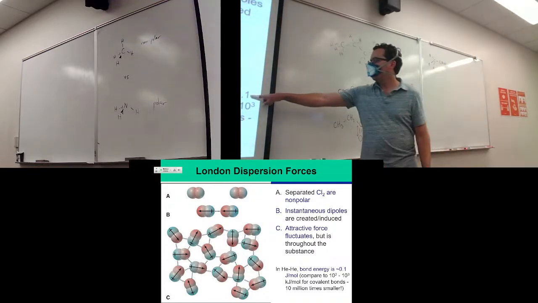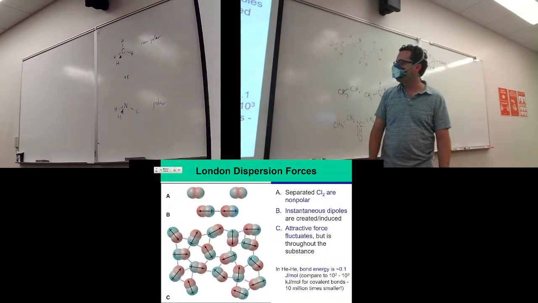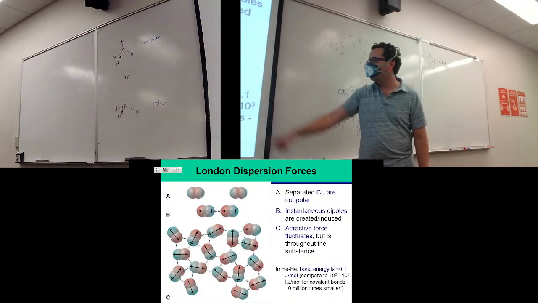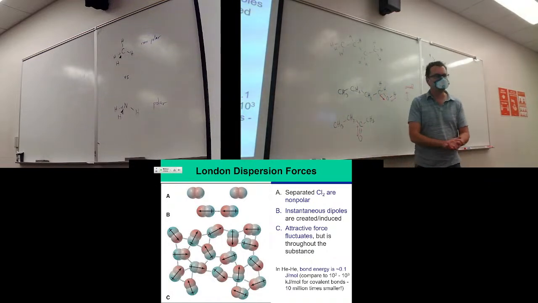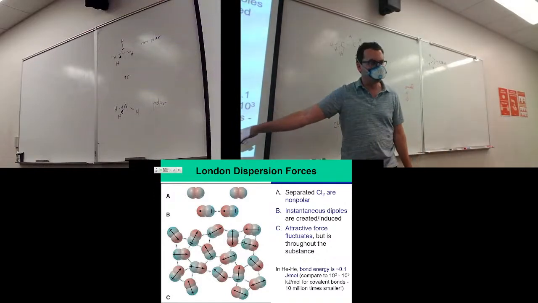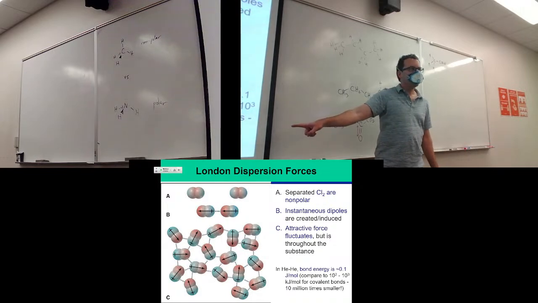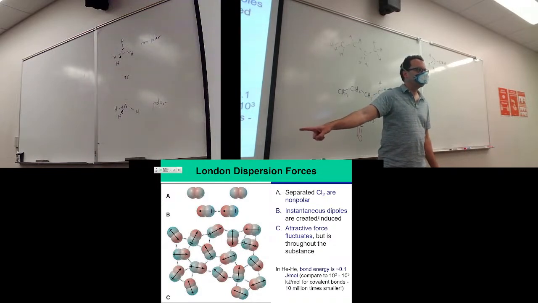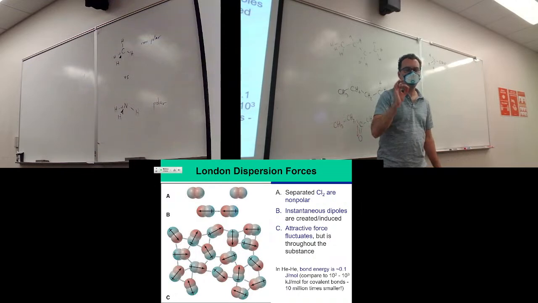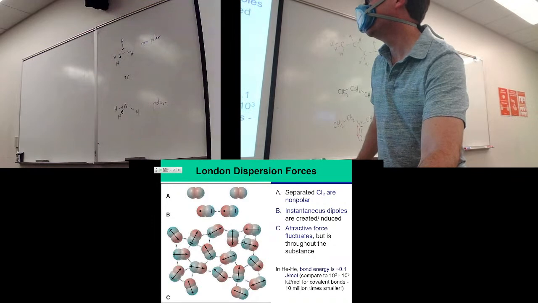So to break apart the attraction from these induced dipole moments, from these London dispersion forces, it's about 0.1 joules per mole. Joules compared to the 100 to 1,000 kilojoules per mole. So we're talking seven orders of magnitude smaller than bonds. Okay, so it's super weak. 10 million times smaller.